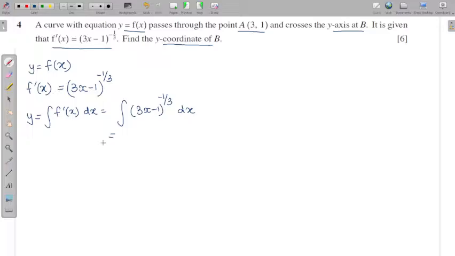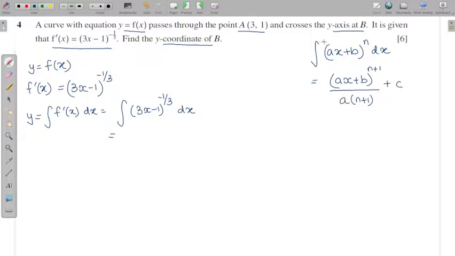If we integrate this, suppose you have integral (ax plus b) to the power of n dx, what is the formula for doing that? It will become (ax plus b), you increase the power by 1, so n plus 1, and then you divide this expression by the new power, which is n plus 1, and the coefficient of x, which is a.